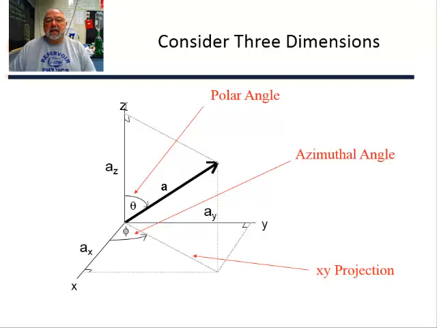And then another way that's described on here is the spherical coordinate system, where you have a vector, and the first component is the length of the vector, or sometimes it's called the r vector. Think of it as radius.